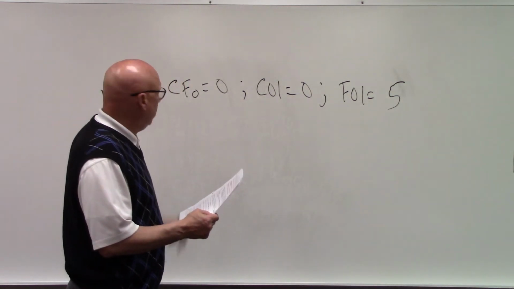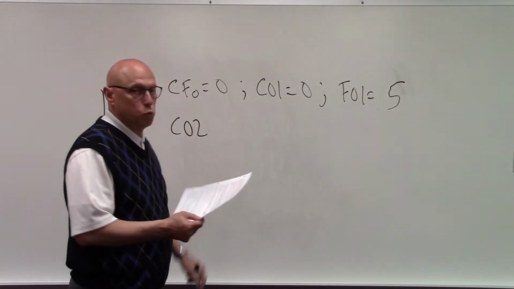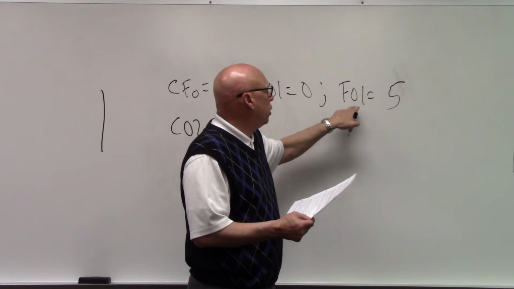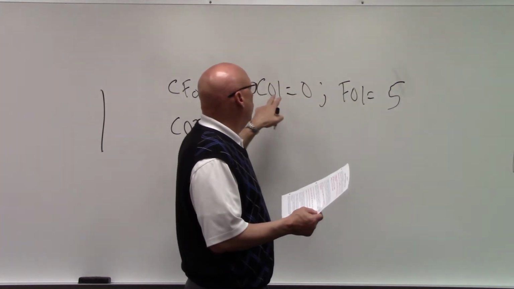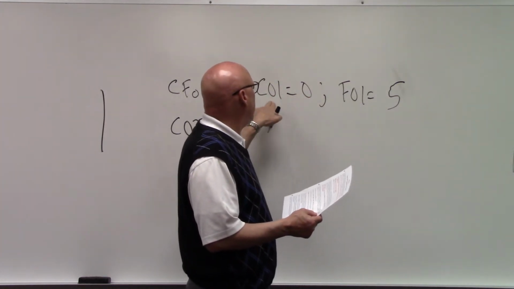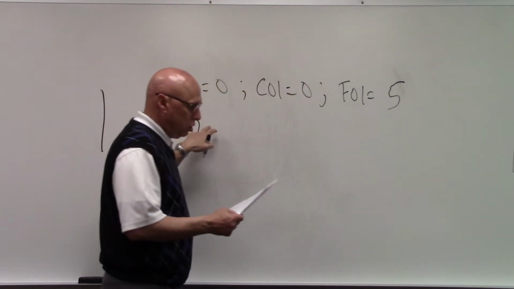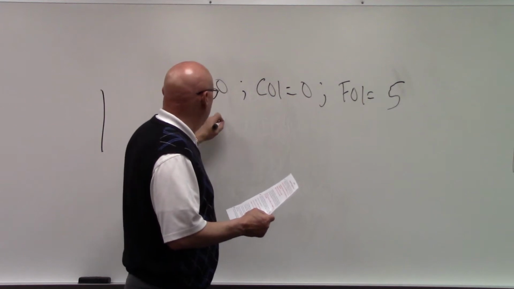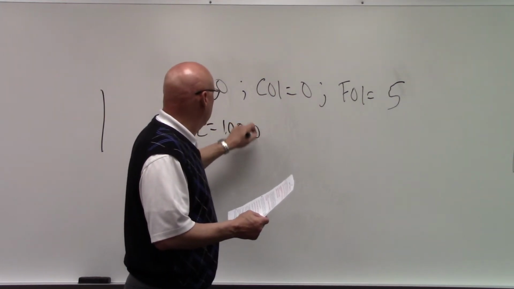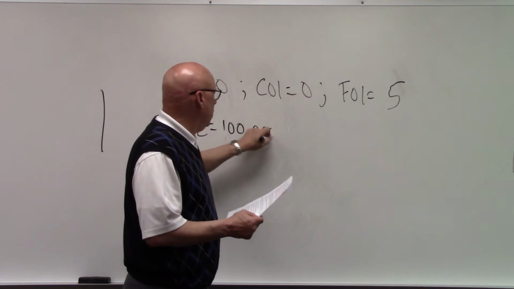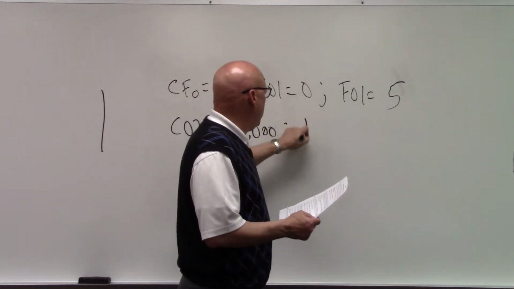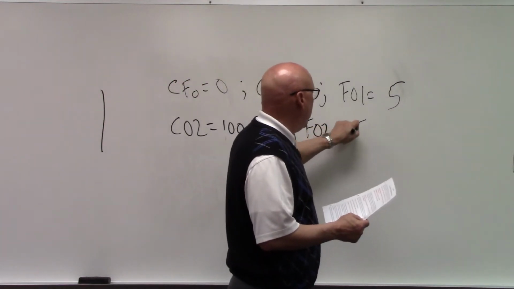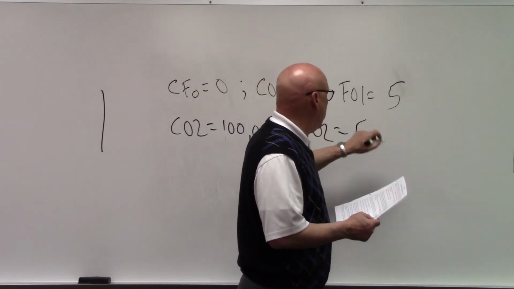Then you have CO2, which is really CO6. Since the frequency of O1 is 5 years, when we hit enter and down arrow, CO2 pops up, but it's really CO6. CO2 is 100,000. Enter, down arrow. And FO2, how many times are we going to get the 100,000? 5. Okay.